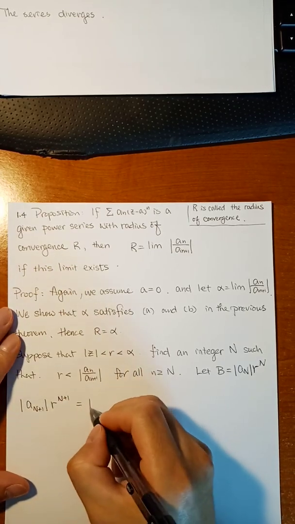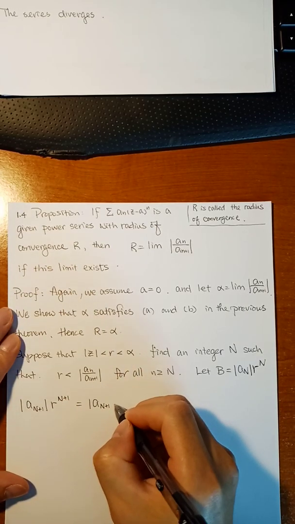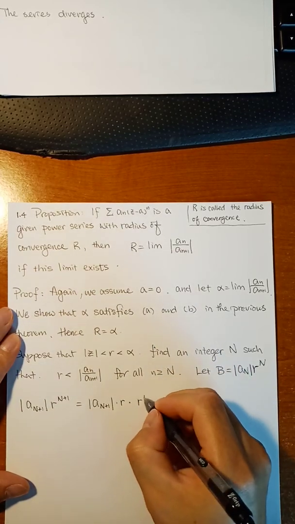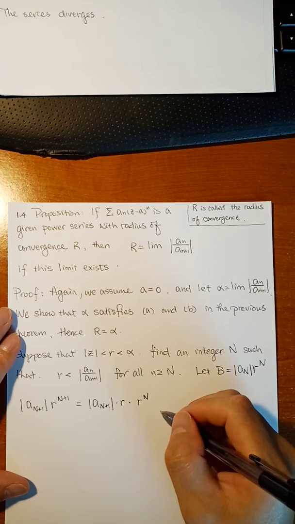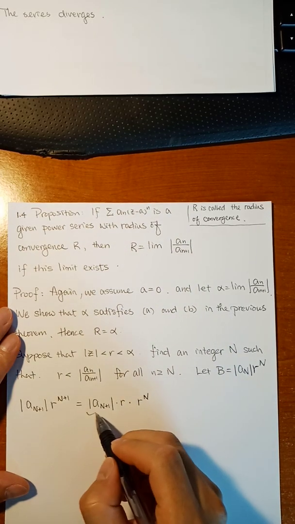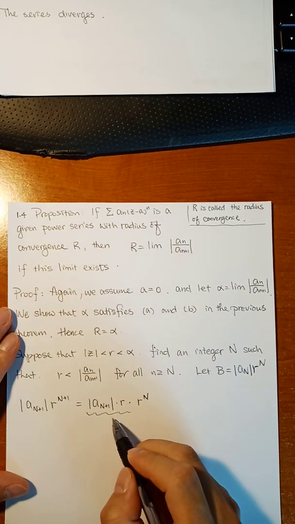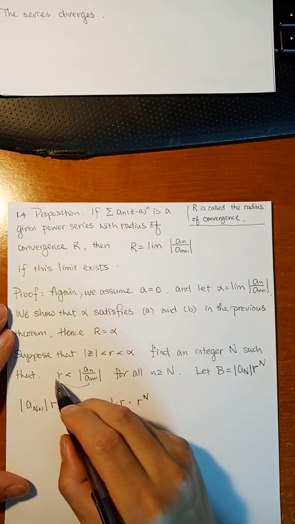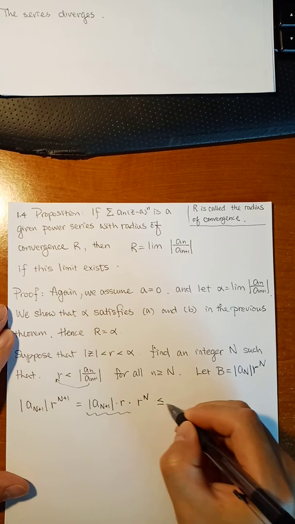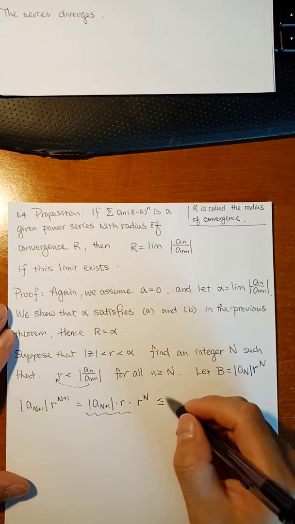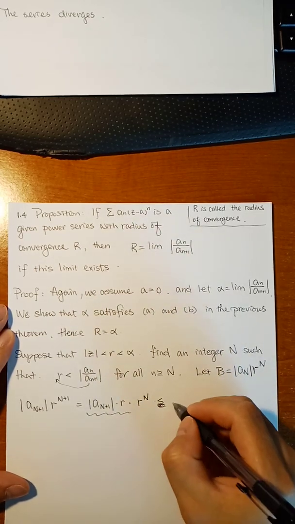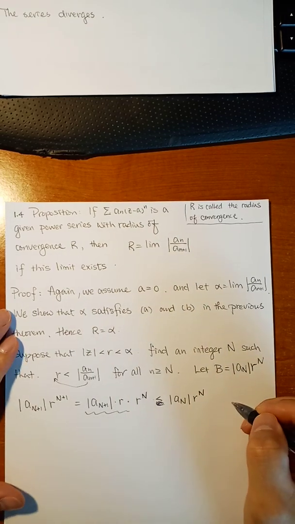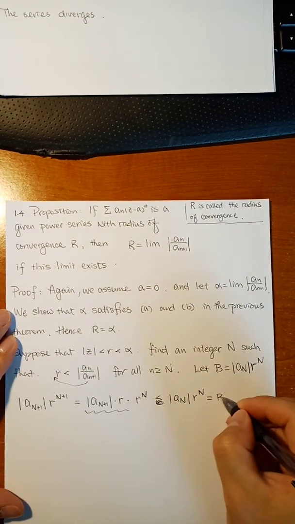It is a sub N times r to capital N, and this one is less than, if you move this to the left side, less than or equal to, you can put equal or not, it doesn't matter, the absolute value of a sub N r to the N. All right, so this is B.